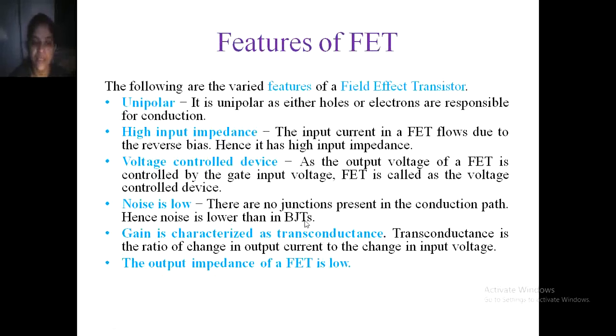Gain is characterized as transconductance, which is the ratio of change in output current to the change in input voltage. Then the output impedance of a FET is low. So these are the features of FET: it is unipolar, has high input impedance, is a voltage controlled device, has no junctions in the conduction path so noise is less, gain is characterized as transconductance, and the output impedance of the FET is low.